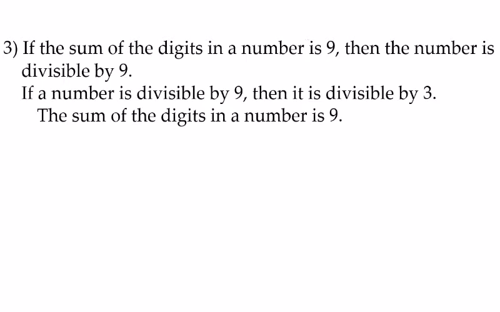So the hypothesis of the first is the sum of the digits in a number is 9. The conclusion of the first is the number is divisible by 9, right? So the hypothesis of the second, a number is divisible by 9, matches up with the conclusion of the first. So the law of syllogism can take effect, and the final conclusion is it is divisible by 3.